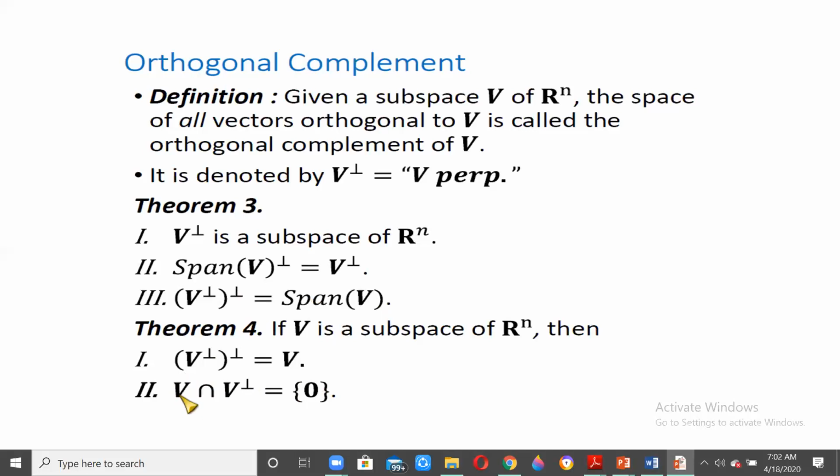If some vectors are present in the vector subspace V, then whatever is not present in V should be present in V perpendicular. That is why we say the intersection will be the zero vector.